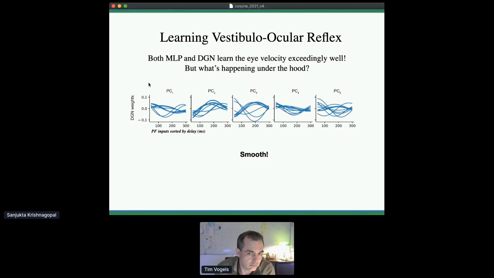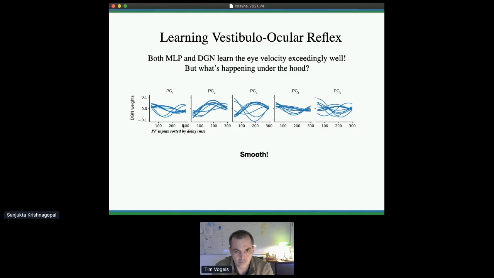So each hidden neuron has a lot of branches. Each curve represents one branch of the Purkinje cell, and several parallel fibers are synapsing onto this branch. Each dot here, which are connected, is the weight of a parallel fiber synapsing onto a specific branch. And they're sorted on the x-axis according to the parallel fiber delay.